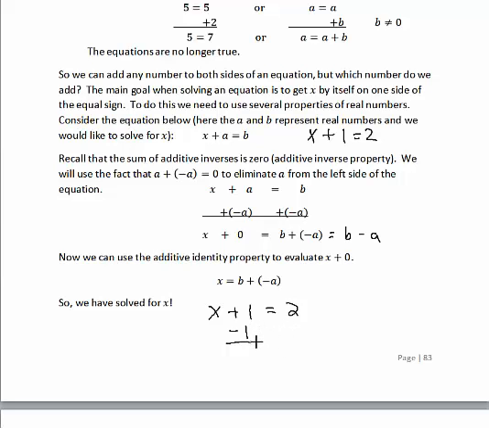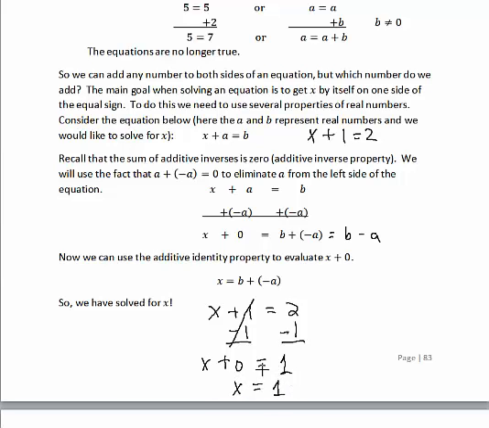According to the top of the page, if I want to keep this equation true, then I have to carry out the same operation for the right-hand side. So now on the left side, x plus 1 minus 1 gives us x plus 0. Subtracting 1 from the 2 on the right gives me a 1. And then x plus 0 is simply x.